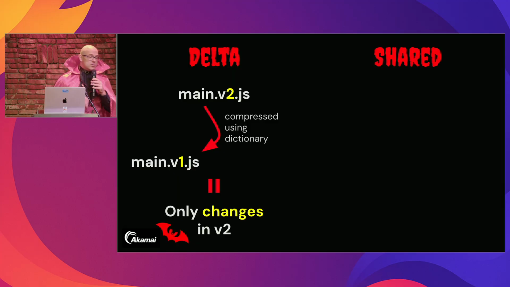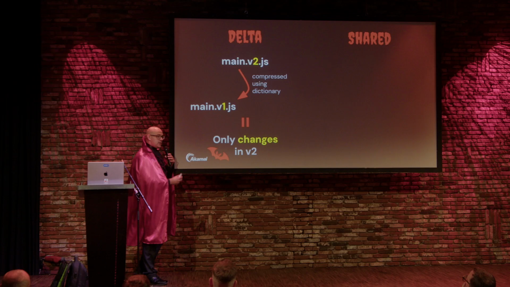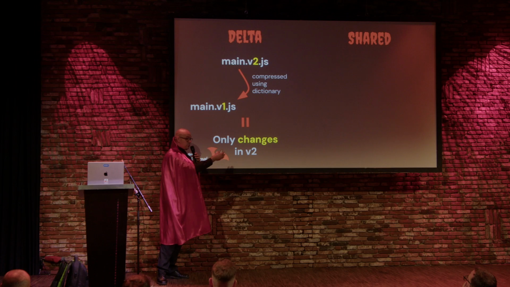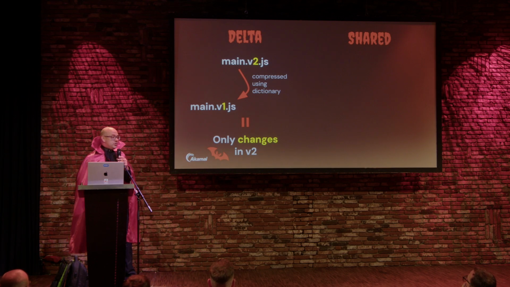Because what this allows us to do is to compress files relative to other files. And there are two main ways of doing this. First, delta compression. Let's say you have a version 2 of a file. You can compress this relative to its previous version, version 1. And what you get out of there is basically only what has changed in version 2, which should, of course, be much smaller than the entire file.